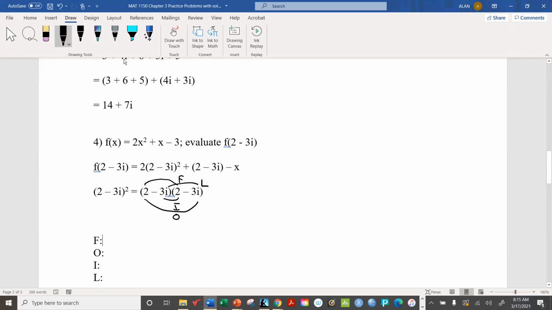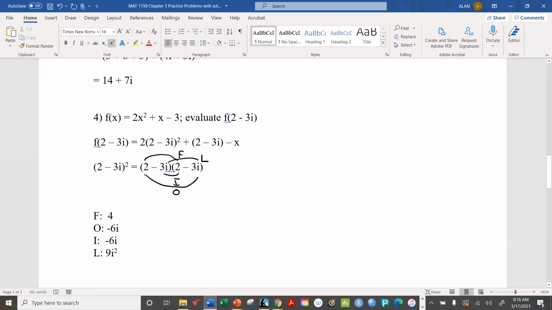Okay, so F would be 4. O is minus 6i. I is minus 6i. And L is positive 9i squared.